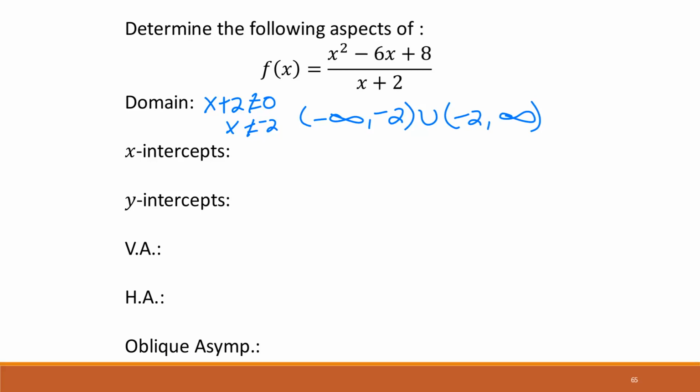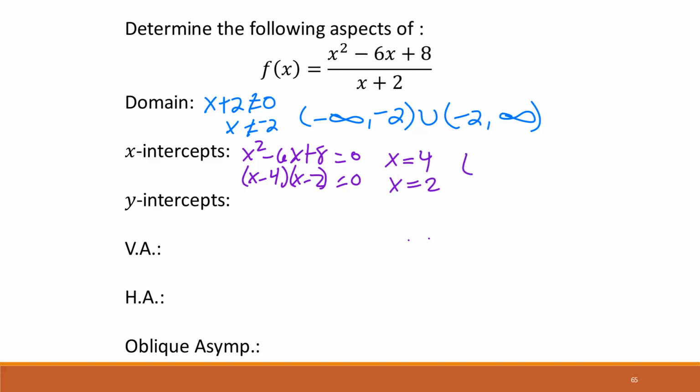When I factor the numerator here, x squared minus 6x plus 8 factors into x minus 4 and x minus 2. Then I set those equal to 0, and I get x equals 4 and x equals 2.